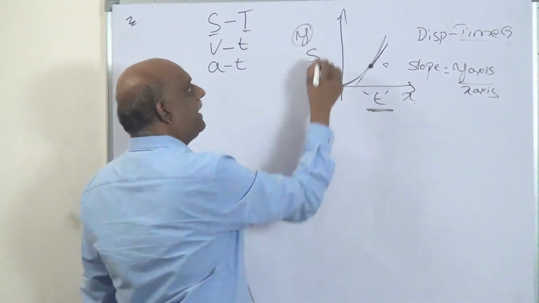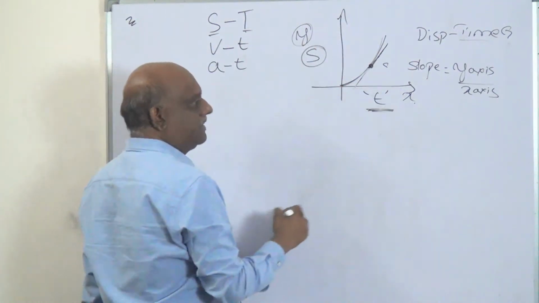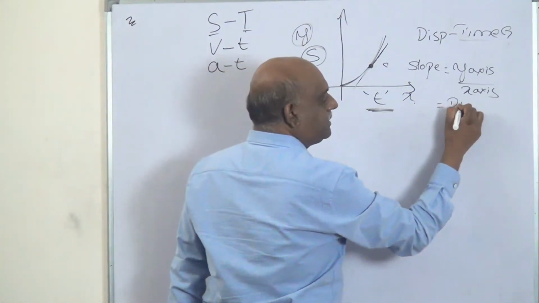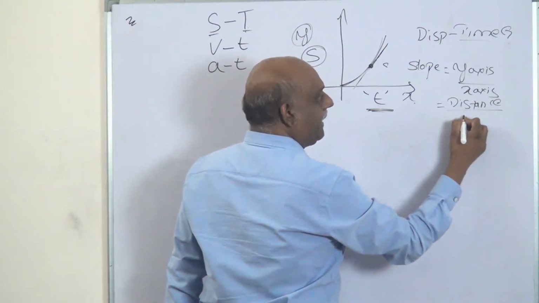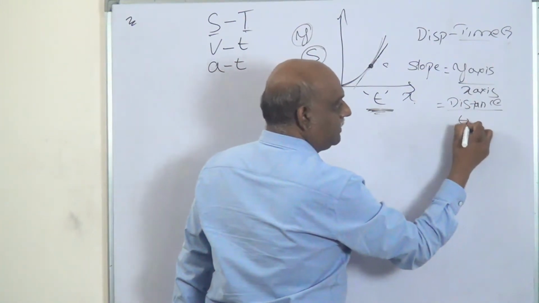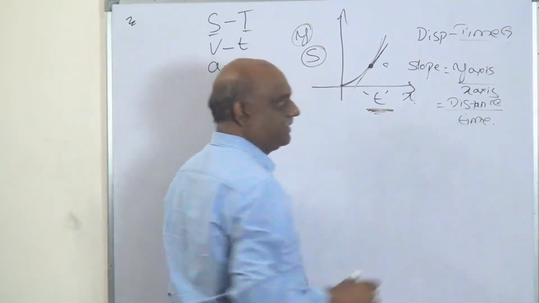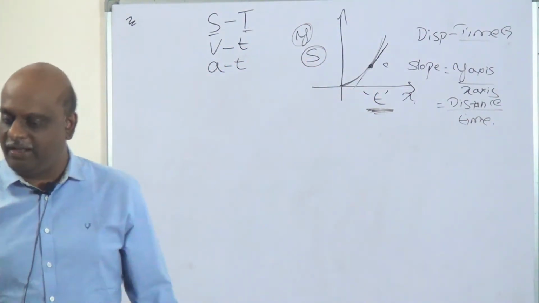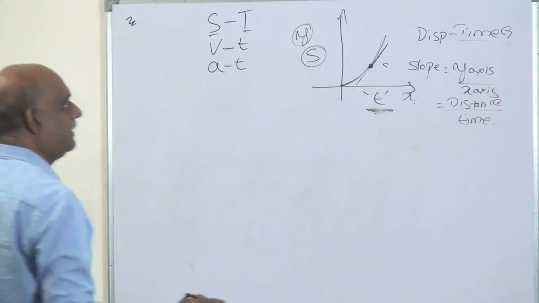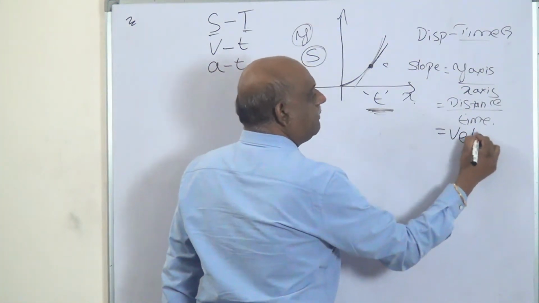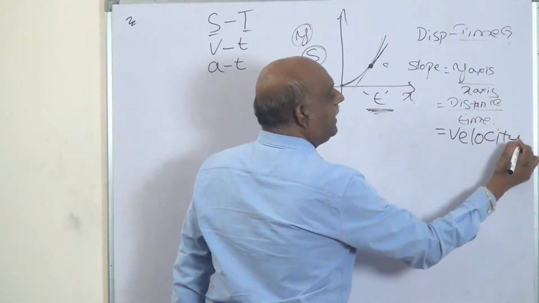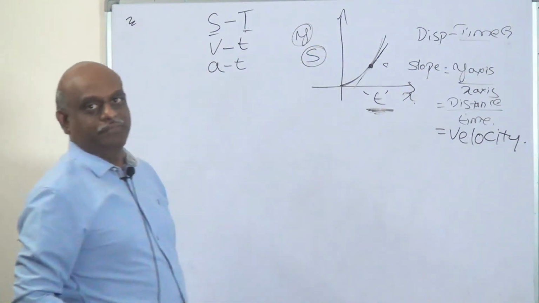What is there on y-axis? You are having distance. So, distance divided by time. What did we study in our childhood? Distance divided by time. Quickly say, children. Distance divided by time is velocity, is what you should remember.